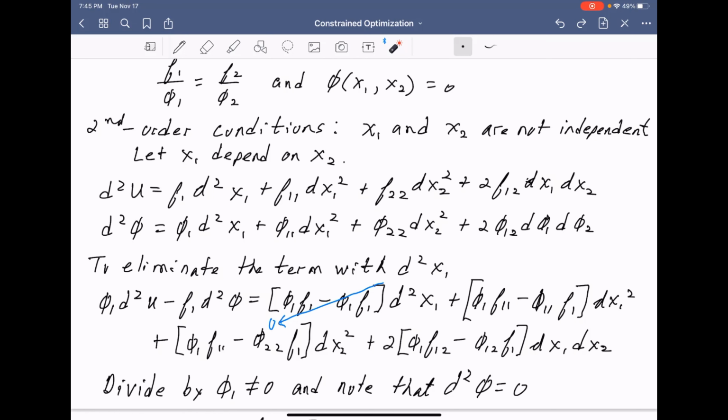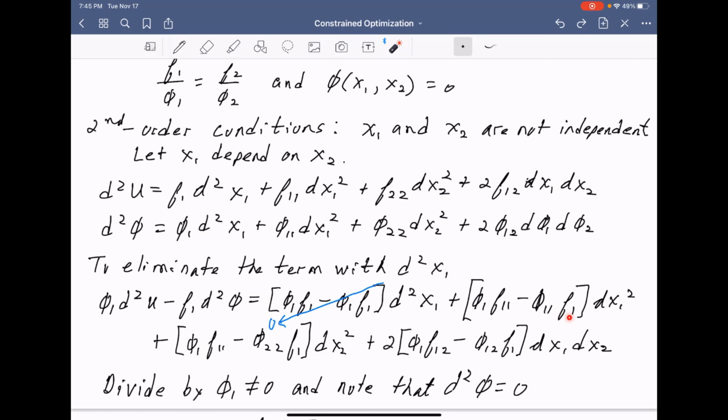So what we're doing is we're multiplying the d squared u by phi 1 and the d squared phi by f1. So we get phi 1 f1 minus phi 1 f1 d squared x1 when we do that subtraction.